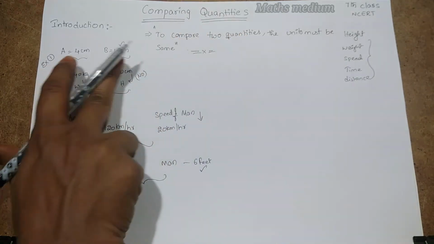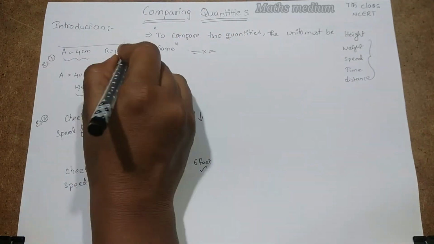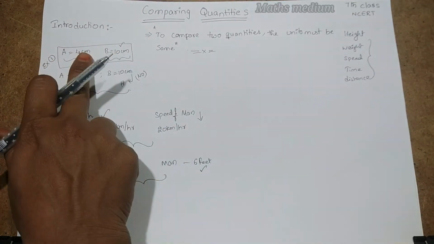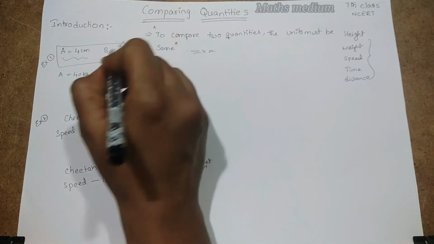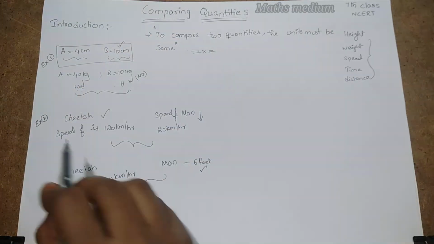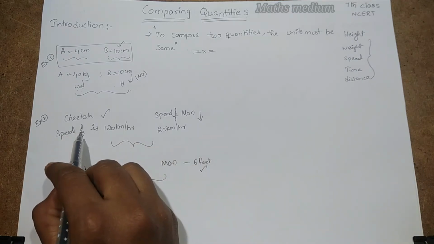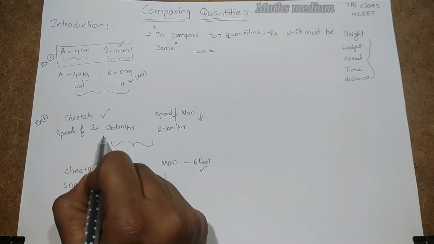If we want to compare two quantities, see, in this case these two are in centimeters, so by using centimeters, 10 is the most height, that's why we are choosing B. Here also the cheetah speed is greater than the man speed, so we are choosing the cheetah speed as the highest one.